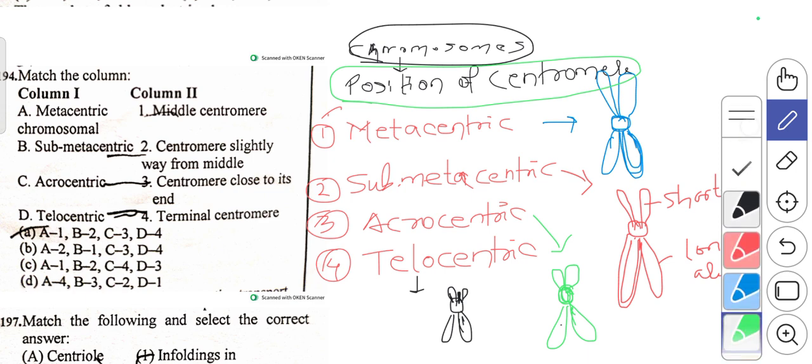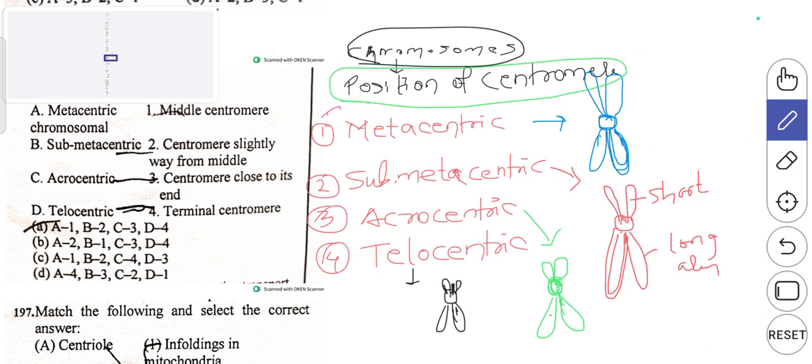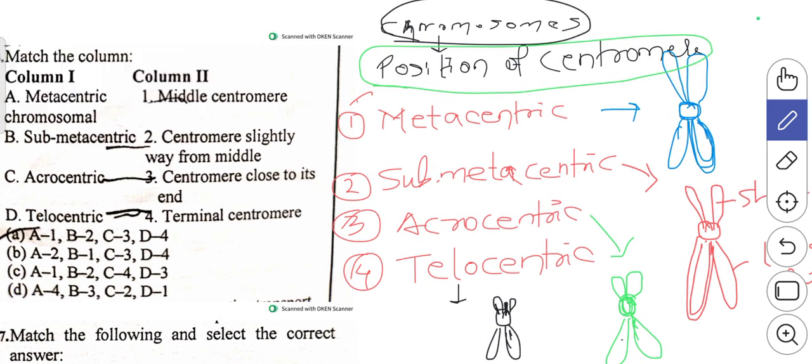So in this they have given four different options. Let's see here what is true regarding this. Metacentric, where the centromere is at the middle. This one is true here. Then submetacentric, centromere is slightly away from the middle.